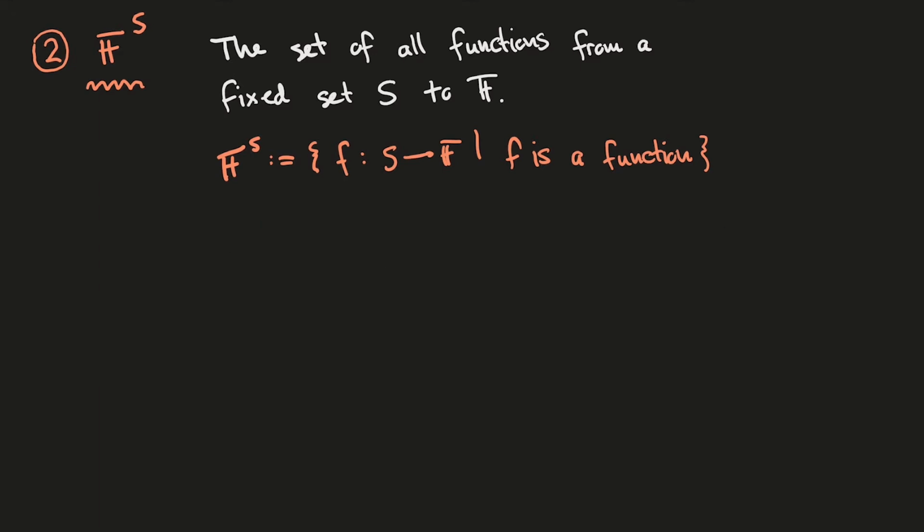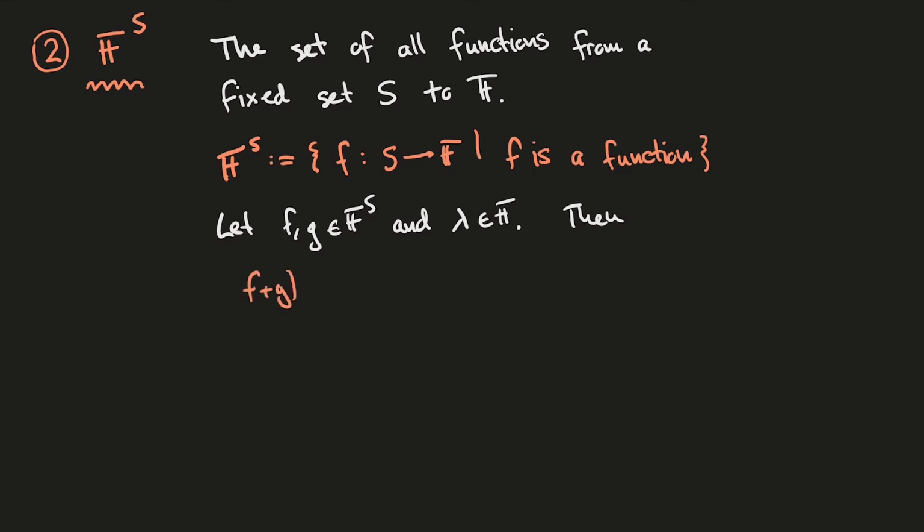Let's summarize the results of our discussion. So let f and g be elements of F^S, and lambda be an element of our field F. Then we make the following definitions.